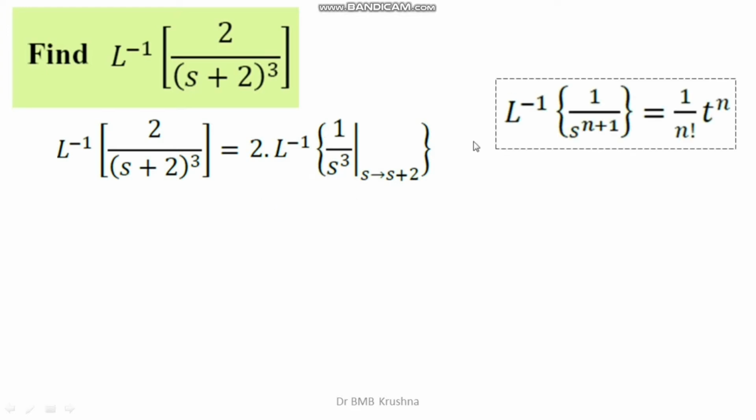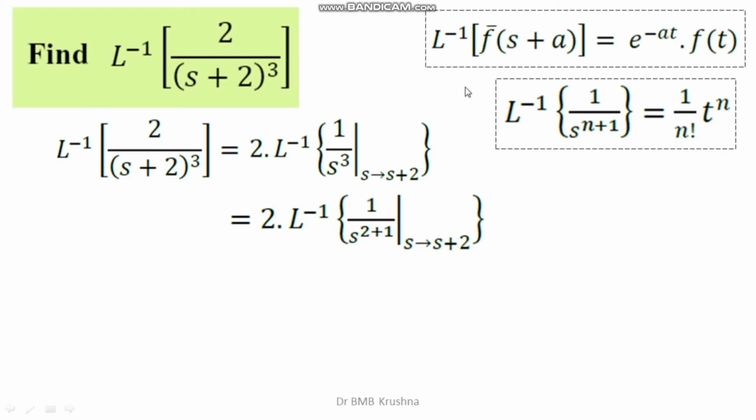We know that inverse Laplace transform of the function 1 by s power n plus 1 is 1 by n factorial t power n. According to this formula, 2 times L inverse of 1 by s power 2 plus 1, where s is replaced with s plus 2.